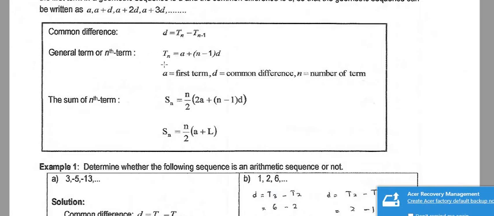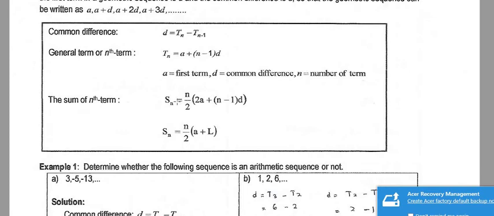Okay, and then how to find Tn? Okay, the term. Tn equal A plus N minus 1 multiplied by D. Tn is the term. A is the first term. D is the common difference. And N is the number of term. Okay, the sum of N term.